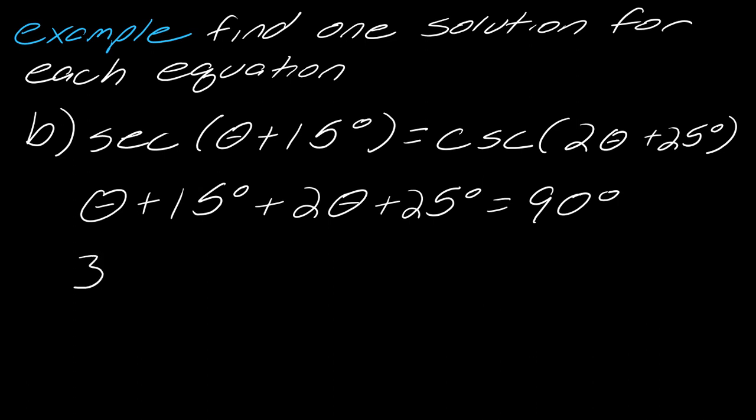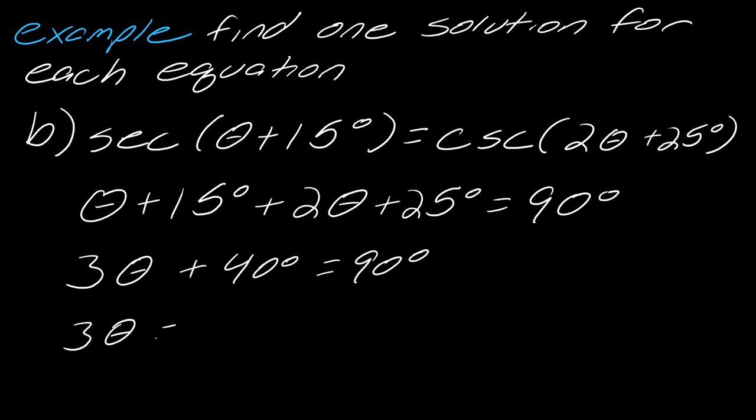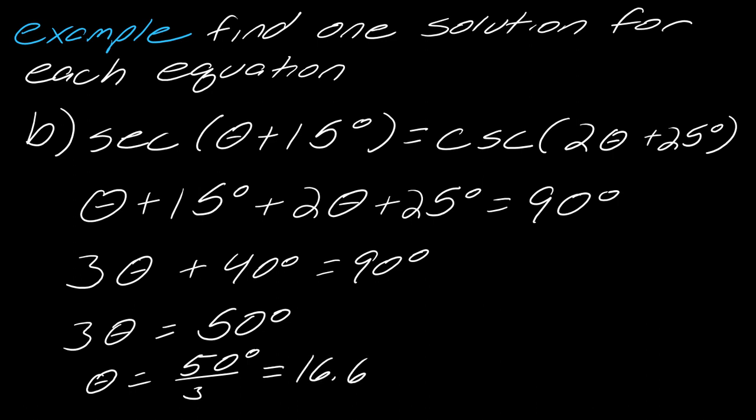So I've got 3 theta plus, let's see, 40 degrees equals 90 degrees. And so then what I get is 3 theta is going to equal 50 degrees. So my theta will be 50 degrees divided by 3. And if you wanted to make that a decimal, that comes out to 16.67 degrees. And if you wanted to convert that to minutes and seconds, you could keep going with that, but I'm going to omit that here for now, just for the sake of time.